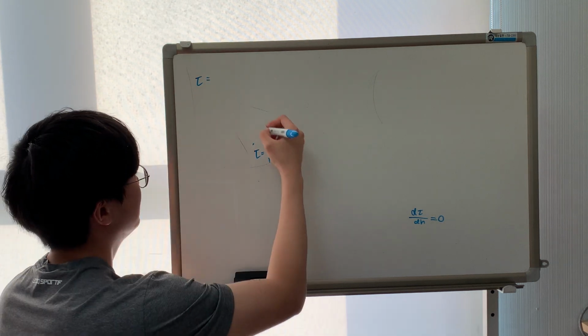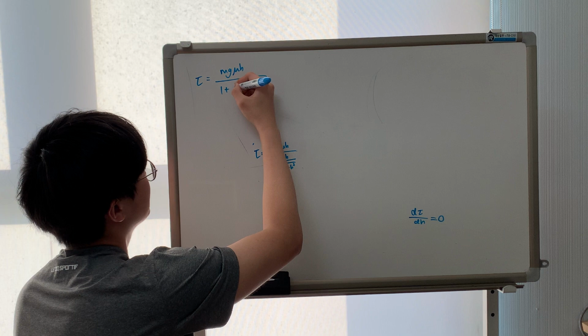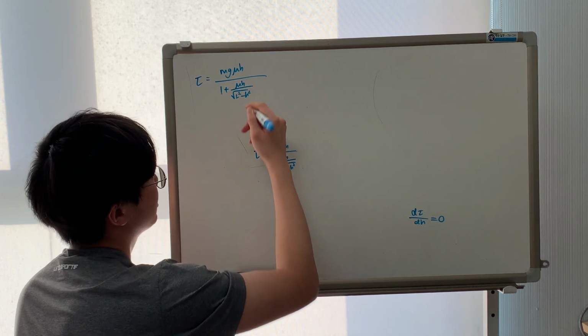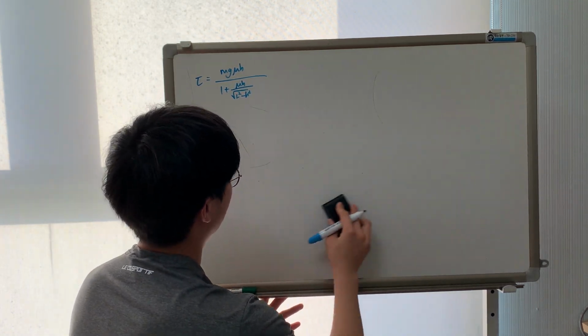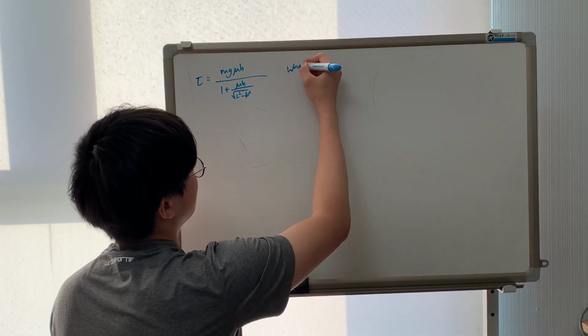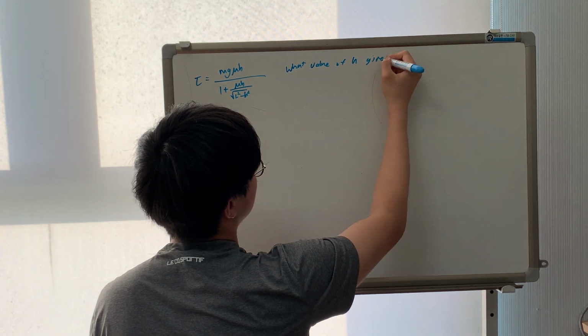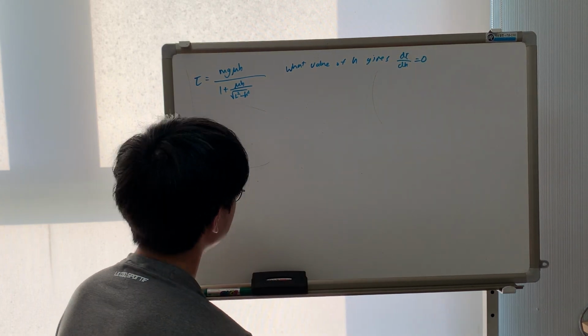Torque is equal to mg mu h over 1 plus mu h over square root of L squared minus h squared. And we're trying to find what value of h gives d torque over dh equals 0.